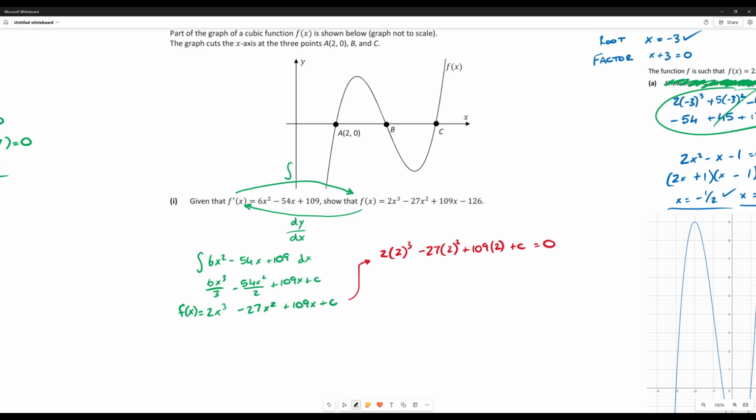We do that out, we're going to get 16 minus, what is this, minus 108 plus 218 plus c is equal to 0. That is going to be 110, 80, 94 maybe? That's going to be 110 take away 16, I think so.